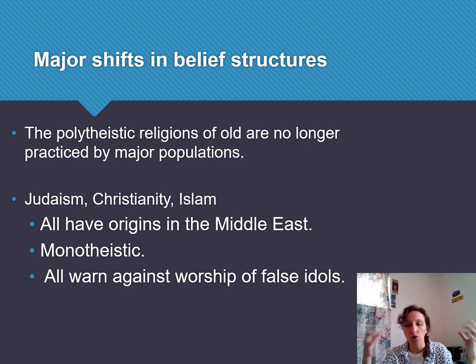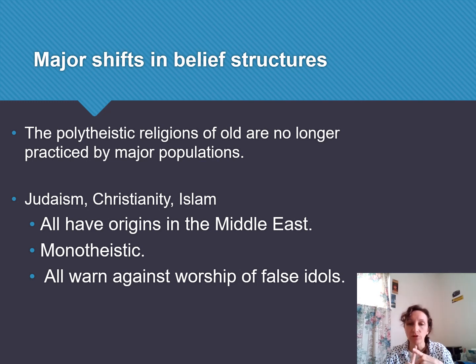As Rome slid into this split, it was going a little bit on the decline, and at this time frame there was no longer this extreme push for everyone to follow those religions. And these other religions, Judaism, Christianity, and Islam, all cropped up and are now the major religions practiced by the major populations at this time.